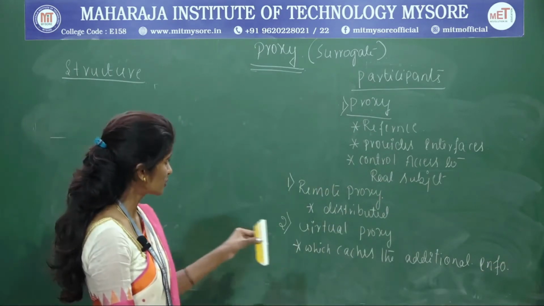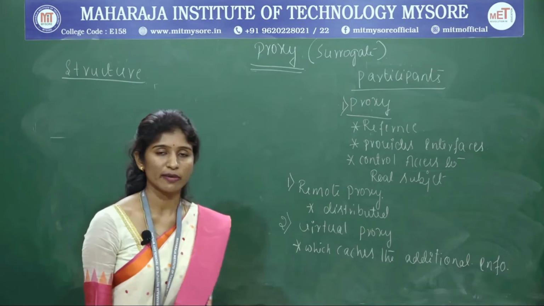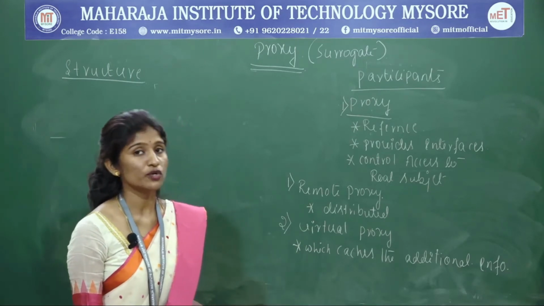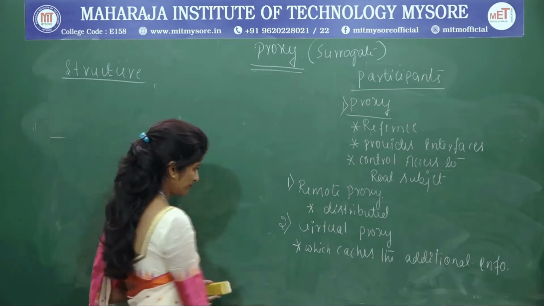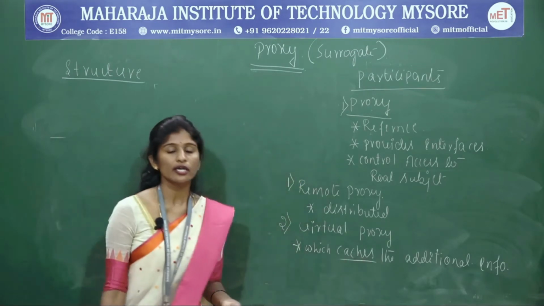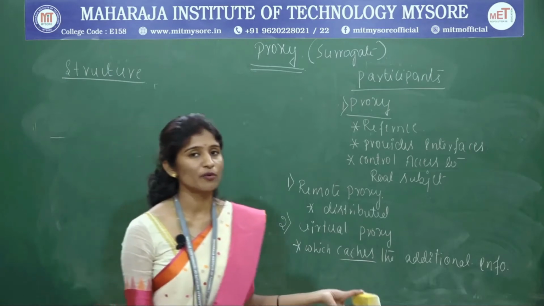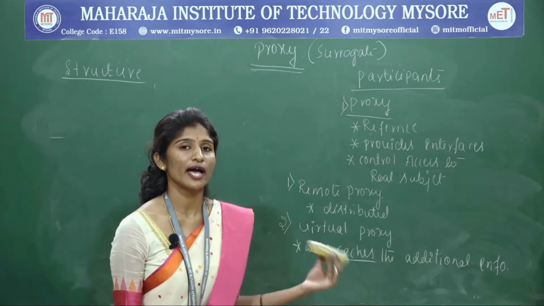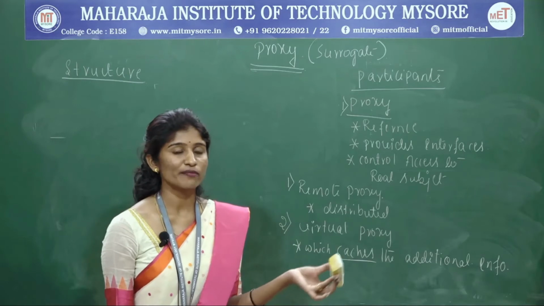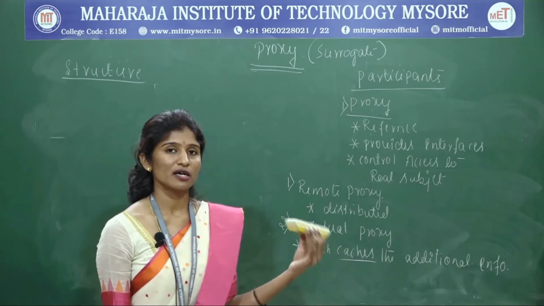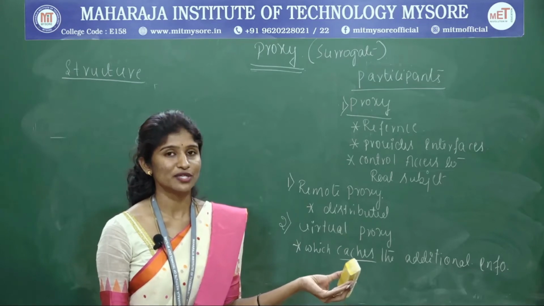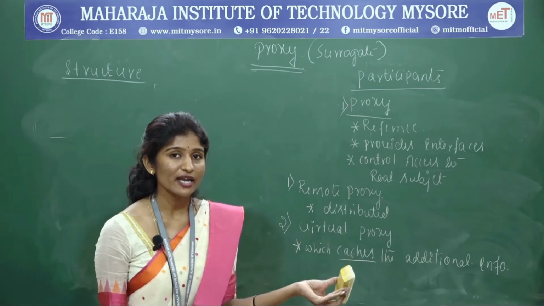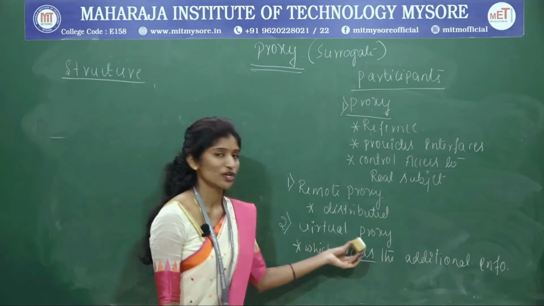We can even use the proxy in a virtual proxy manner, where it is going to have the additional information stored. That is why we have used the word caches. Like a cache memory, it is going to have that additional information stored, which means it delays the access to the original object. Original subject access will be denied when you use this virtual proxy.